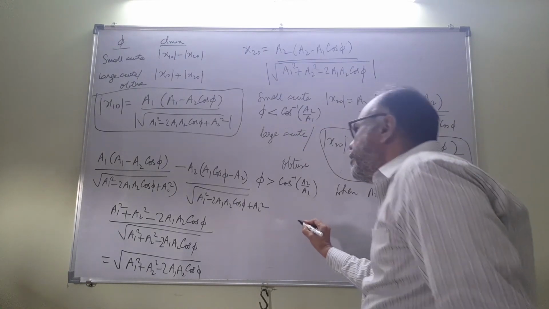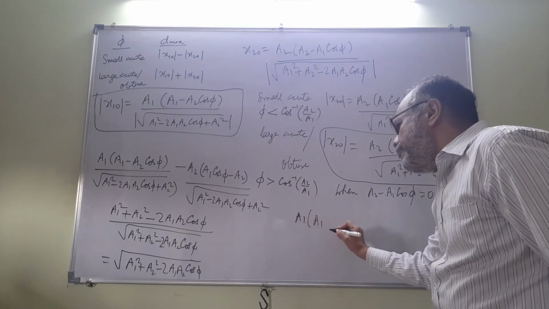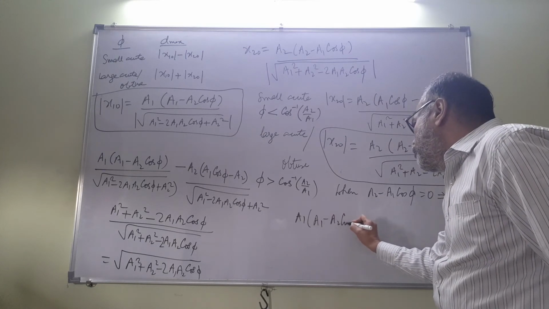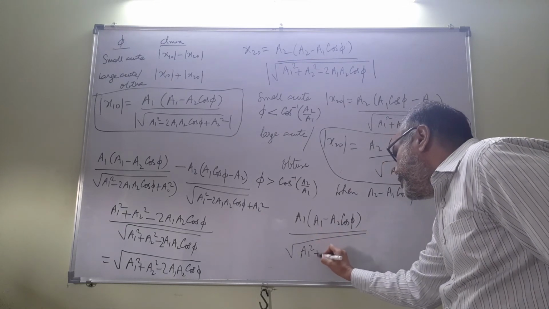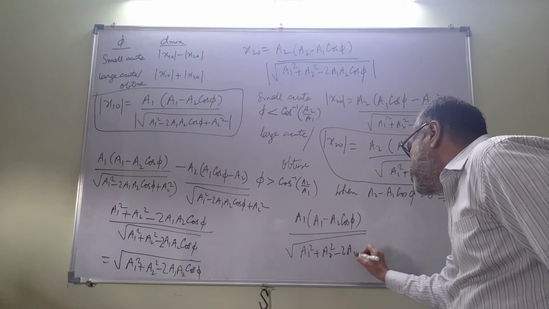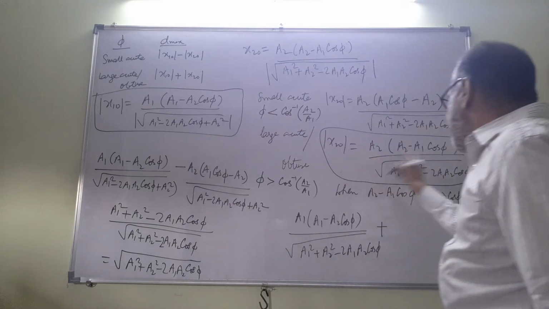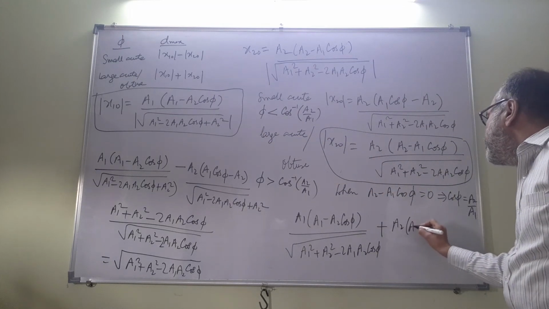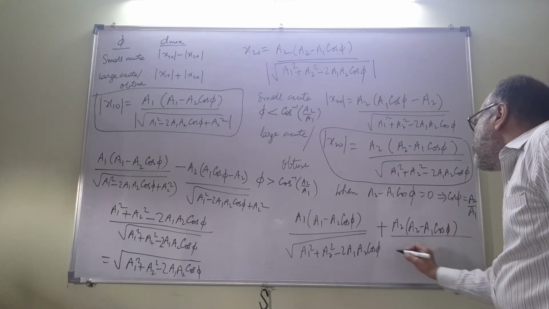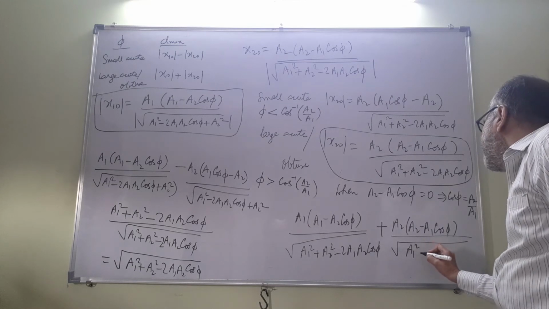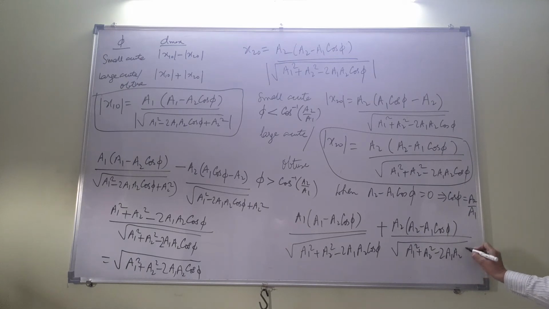So if you add these two, you will get a1 into a1 minus a2 cos phi by root of a1 squared plus a2 squared minus 2a1 a2 cos phi plus, there is a plus sign here, if I put x2 naught, you will get a2 into a2 minus a1 cos phi by root of a1 squared plus a2 squared minus 2a1 a2 cos phi.